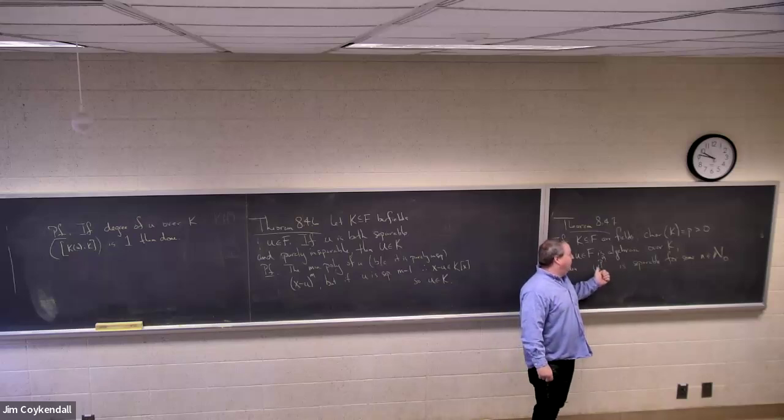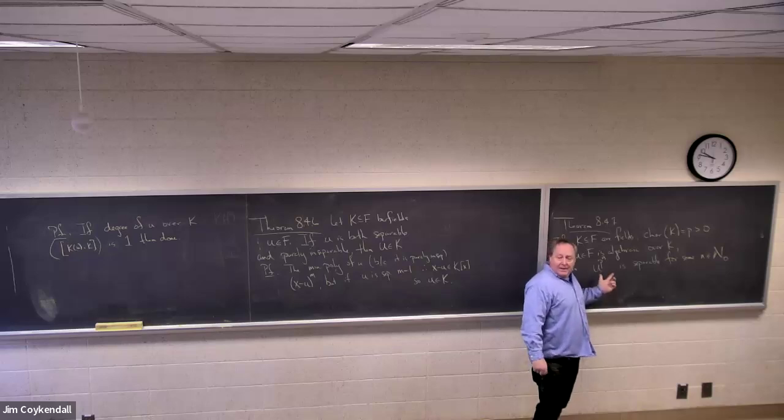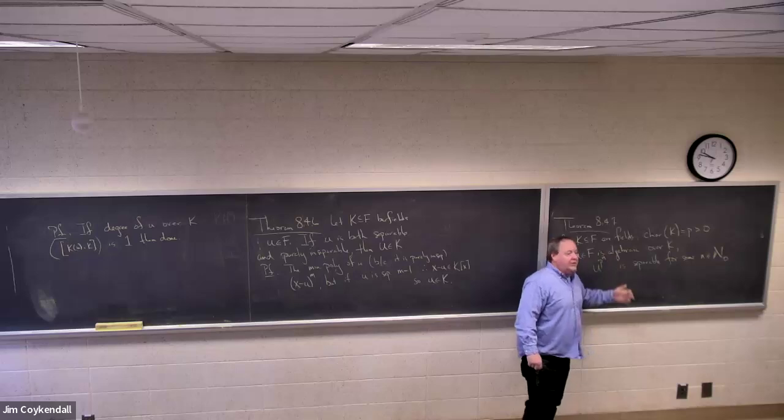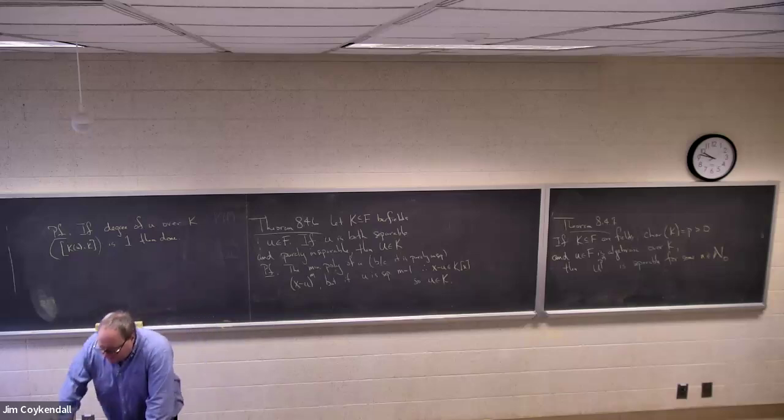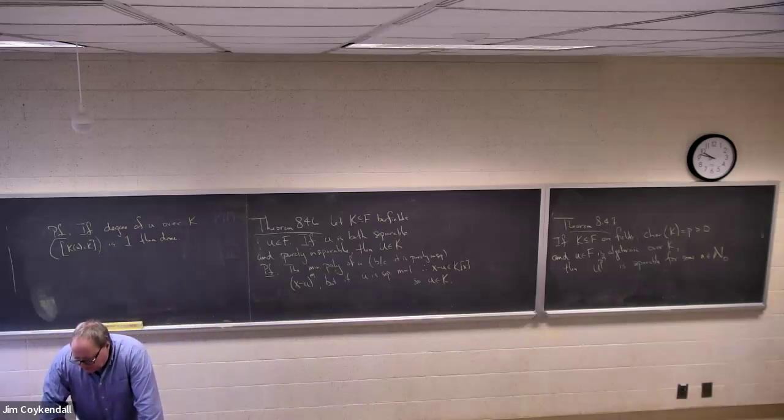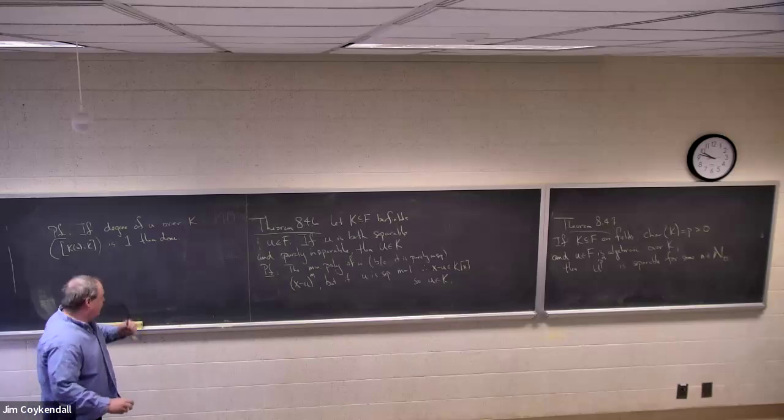If the degree of u over K is one, that means that u is already in K, so it's separable. So u to the p to the zero is separable. We're done. If not, let's suppose that f is the minimal polynomial of a non-separable element of degree greater than one.